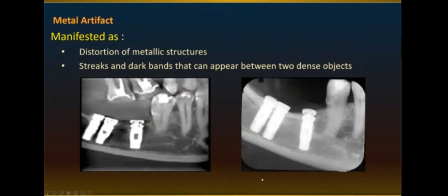So the CBCT for cases with multiple metals or implants may give some false indications due to the radiopaque streaks and the dark bands which appear as an artifact superimposed on the image.